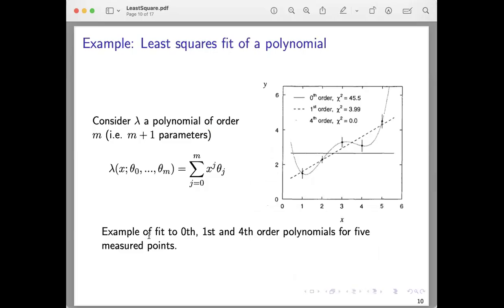Now this is one example from this reference. You can see that this is a least squares fit to a polynomial.